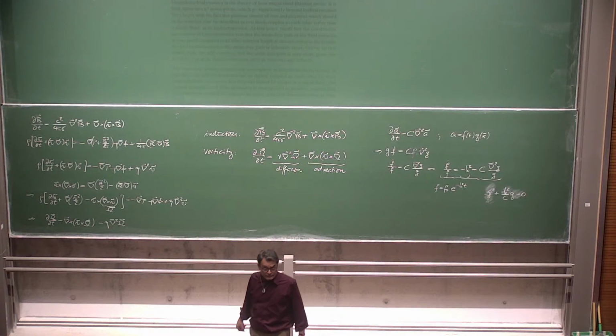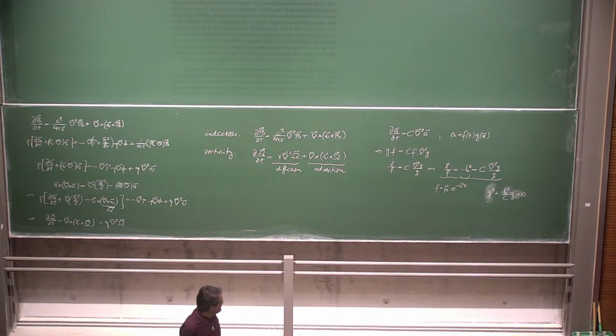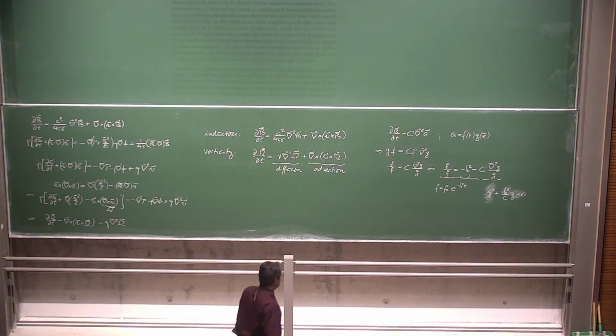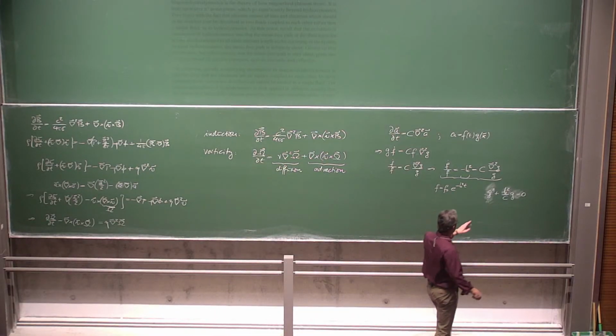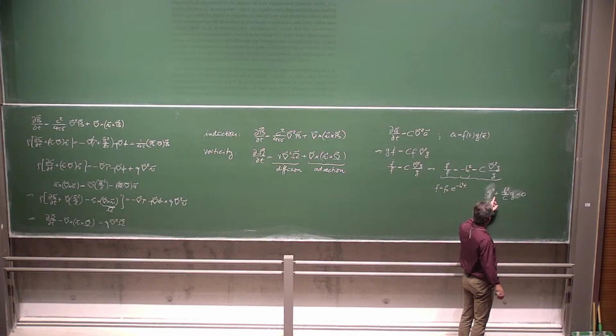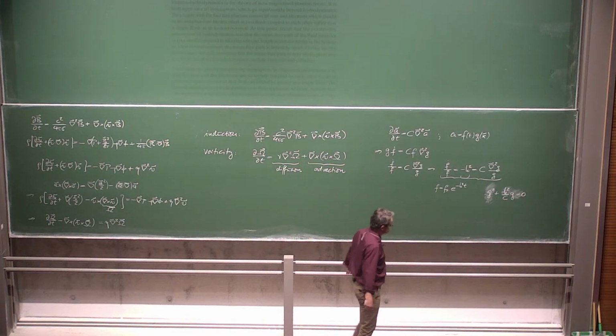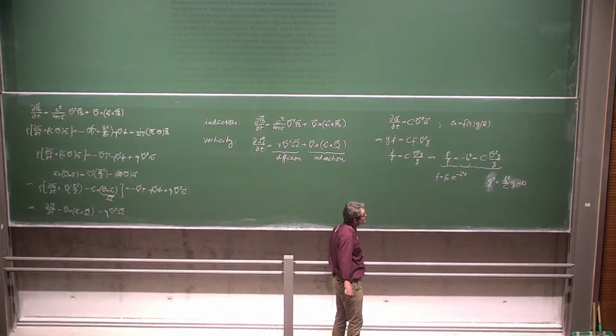Right, so you would have an oscillator equation with a negative frequency squared. No, sorry, with a positive frequency squared, right? And then you would get the usual oscillator solutions.